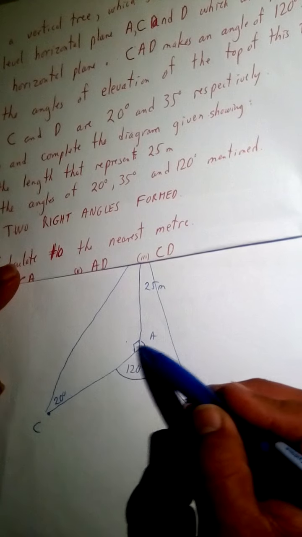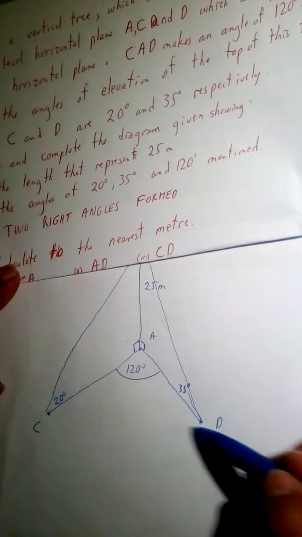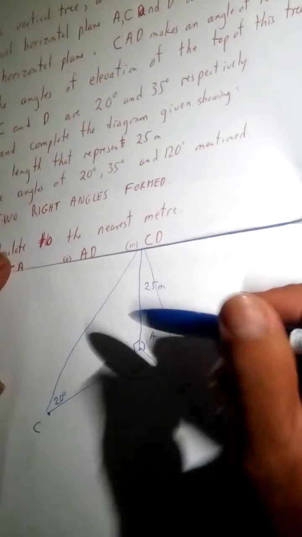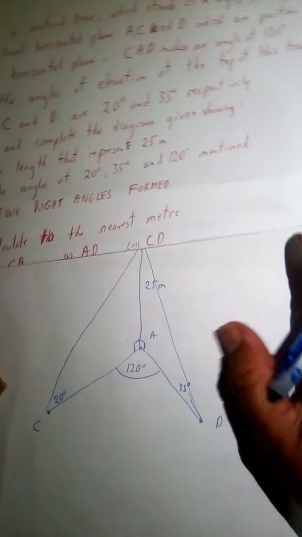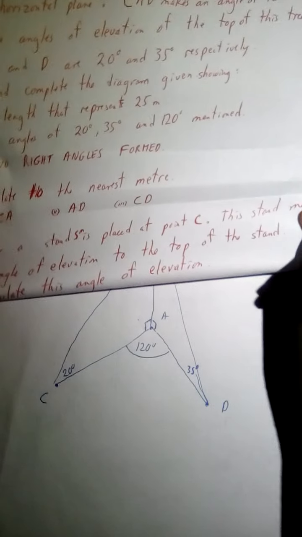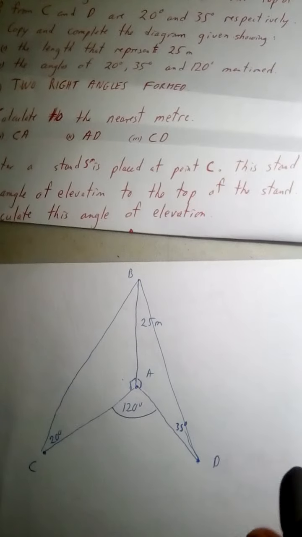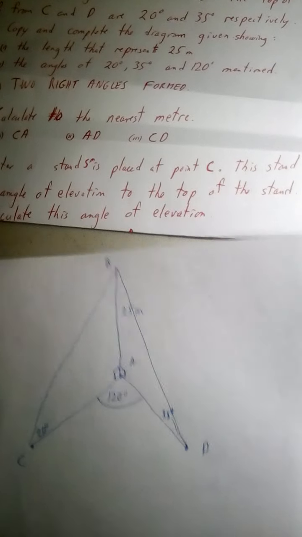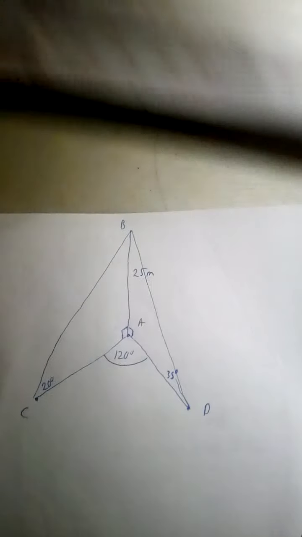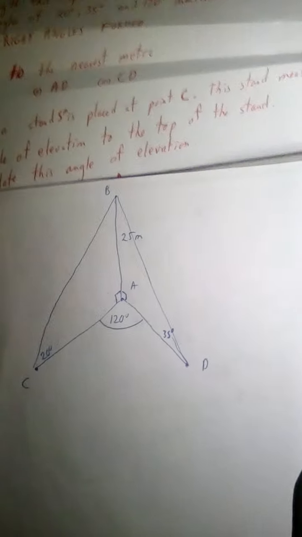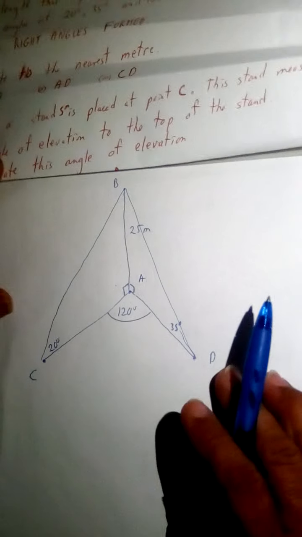These are the two right angles which were formed, because remember this was a flat surface and there was a vertical pole. So we have that covered. Calculate to the nearest meter, and this is where the problem comes in for working out. The reason they start the problem that way, for you to label, is to gear you up for what you will be solving.